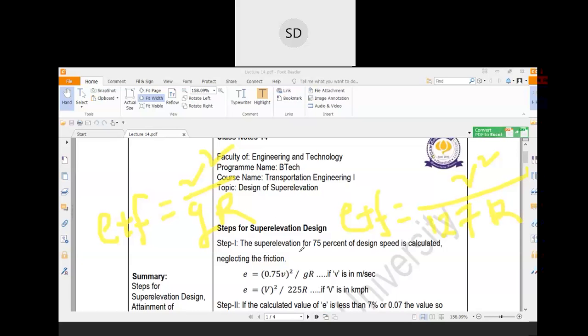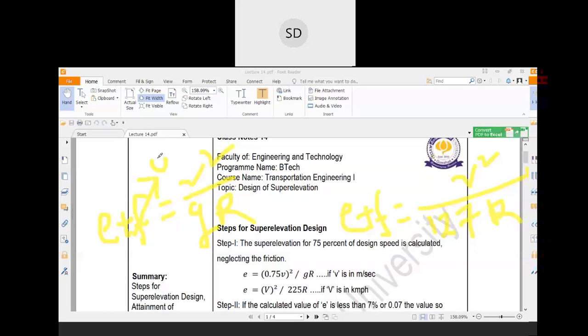So for our super elevation design for the mixed traffic condition, our first step is, what you have to do, you have to find out the value of the super elevation, neglecting the friction value.